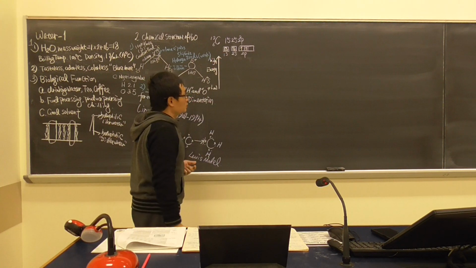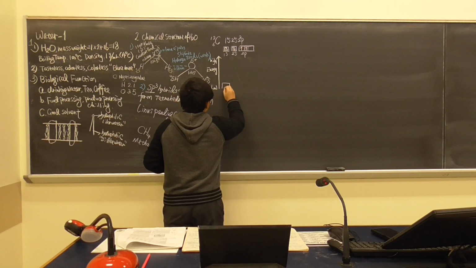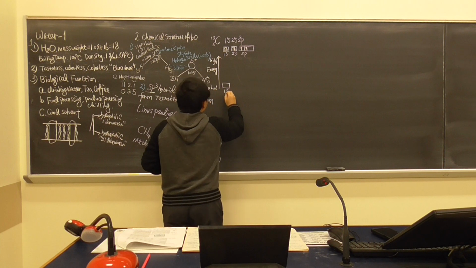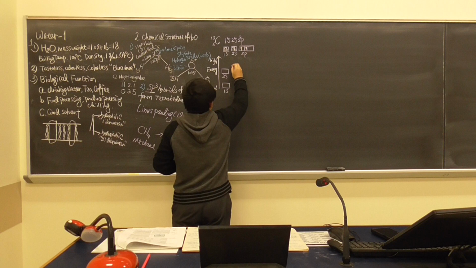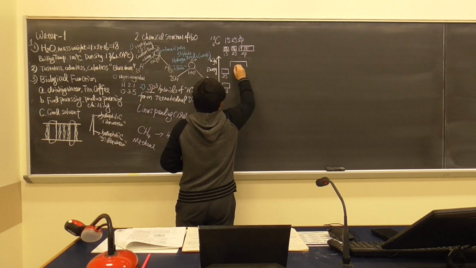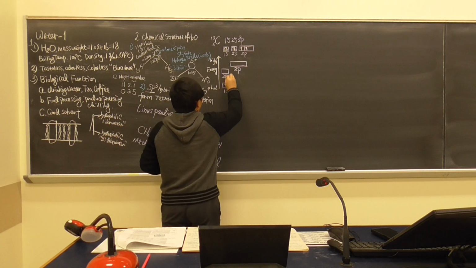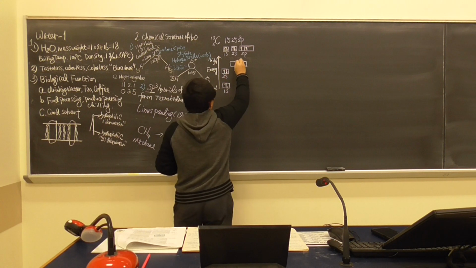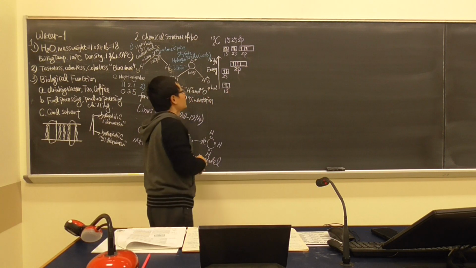So what is it going to look like from low to high? This is 1s, and this is 2s, and then here it is 2p. So up, down, down, then go here, will be up and up.